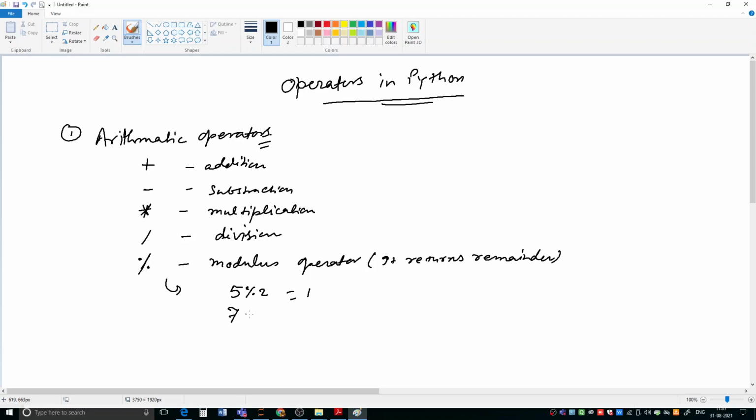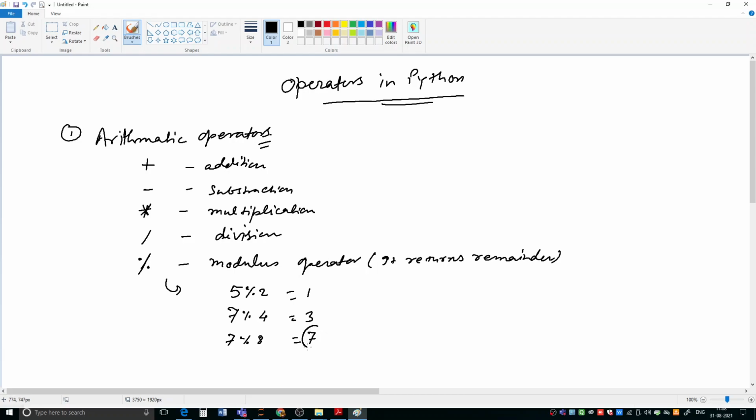If you are dividing 5 by, suppose, 4, what should I write here? 1. Now if you are dividing, suppose, 7 by 8, what will be the remainder? 7.